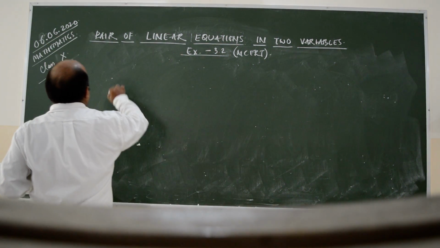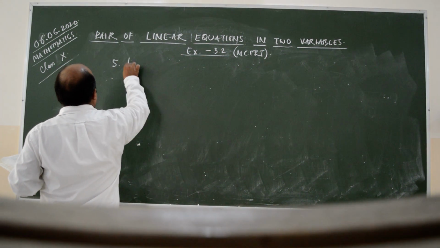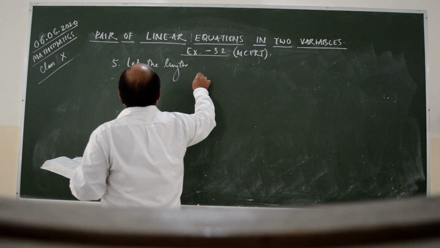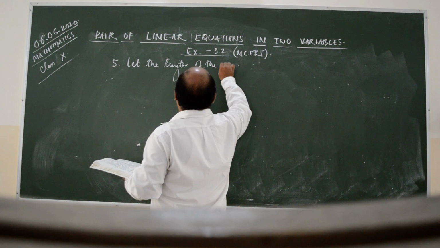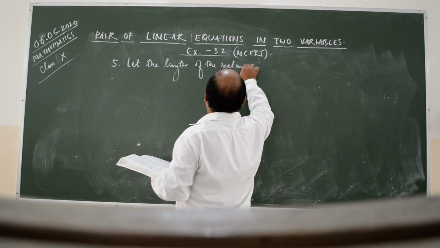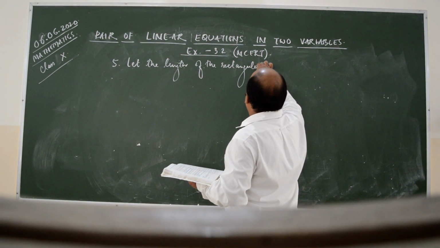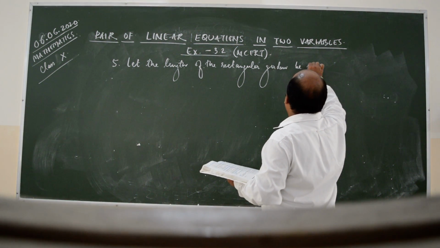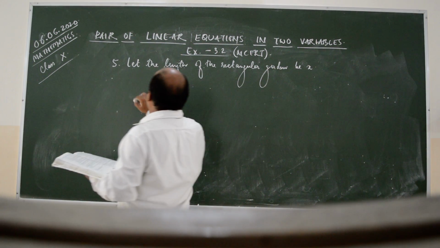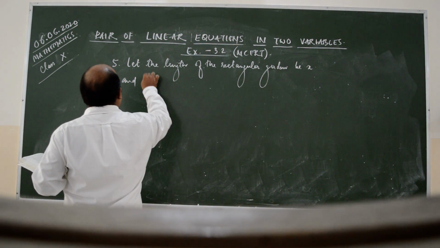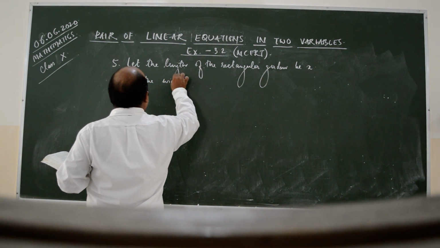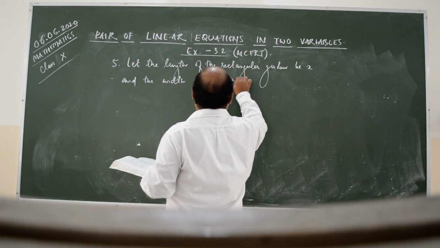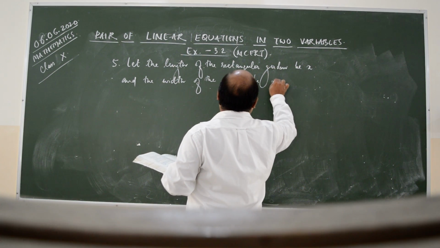So we will say, this is question number 5. Let the length of the rectangular garden be x and the width of the garden be y.